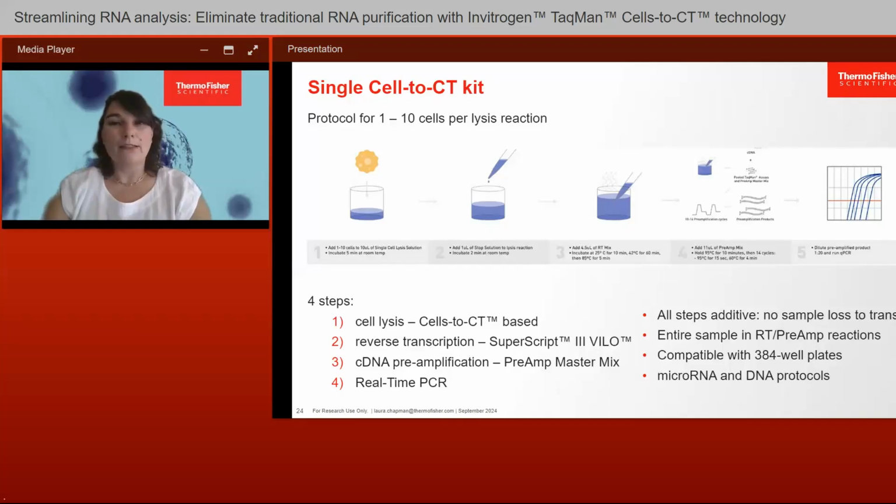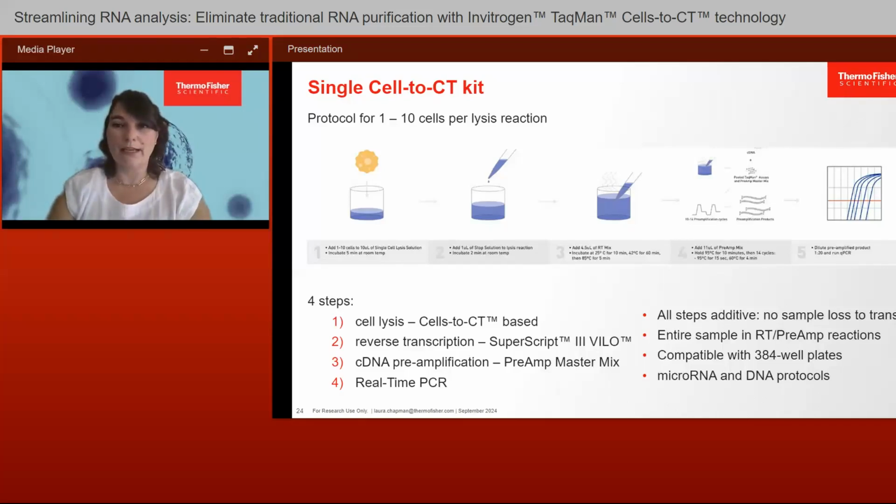And then we also include in this kit the pre-amplification master mix, and this allows you to pre-amplify the cDNA for the genes of interest that you have so that you have plenty of cDNA to do your real-time analysis. The major benefit of this kit is that all of the steps are additive, so you don't have to worry about losing your precious sample by transferring from one tube to another tube.